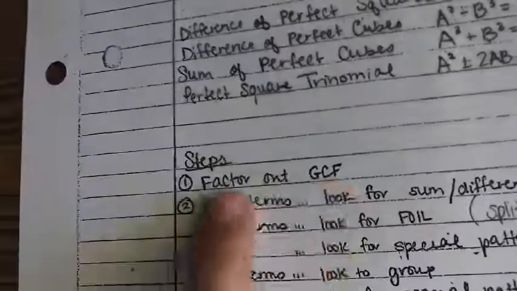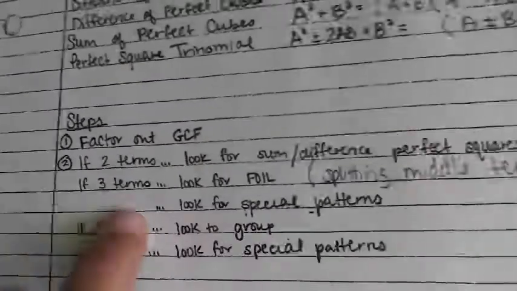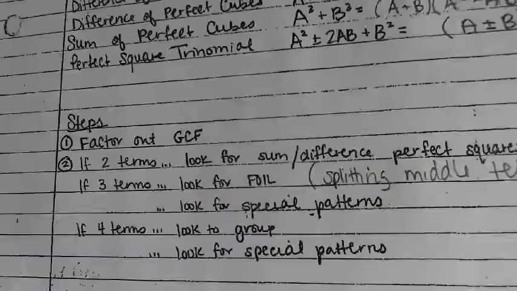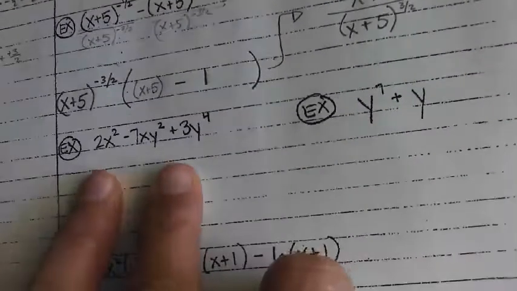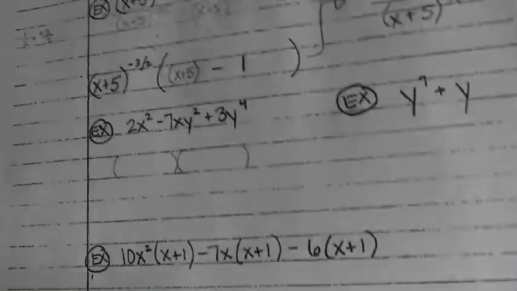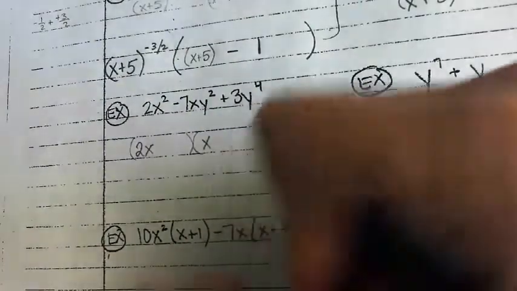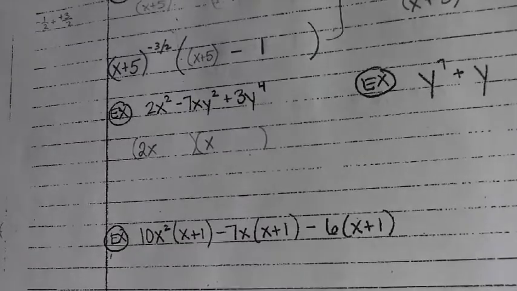If you go to your steps, factor out the GCF, okay, there's not one. 2 terms, 3 terms, 4 terms, this is 3 terms. Look to FOIL, split the middle term, or guess and check. I think we can guess and check on this one, right? There's really only one way to make 2x squared happen. That's 2x times x. And there's really only one way to make 3y to the 4th happen.